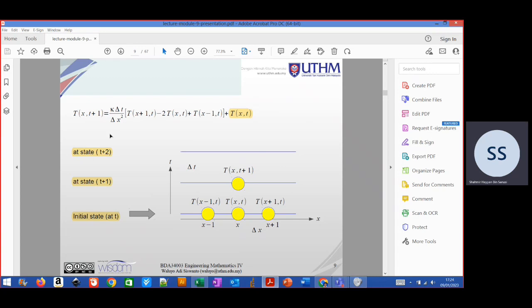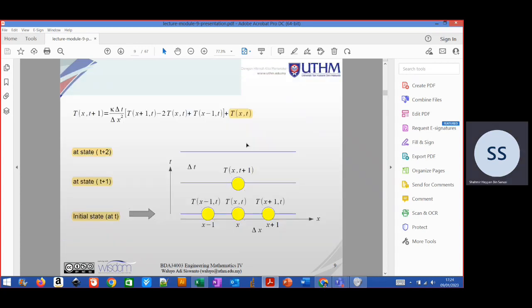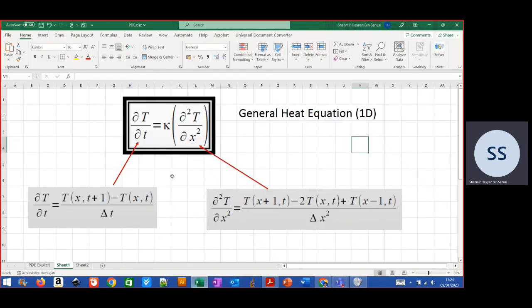From this, we can get the computational molecule. Basically, we can predict any temperature at T plus 1 by using the values at T. Right, so let's look at how we're going to solve it.